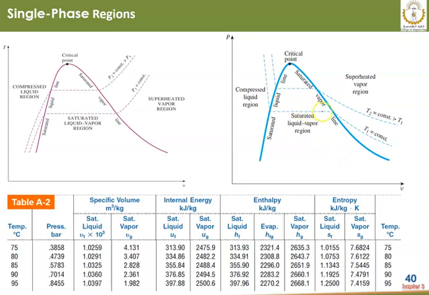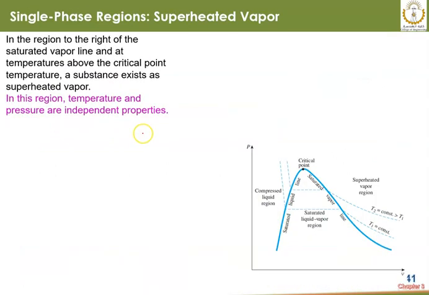And that here, inside the saturated liquid vapor dome or region, this represents the saturated pressure, and this line here in the TV diagram represents the saturated temperature. So it's important to know that. Okay, let's look first at the superheated vapor.